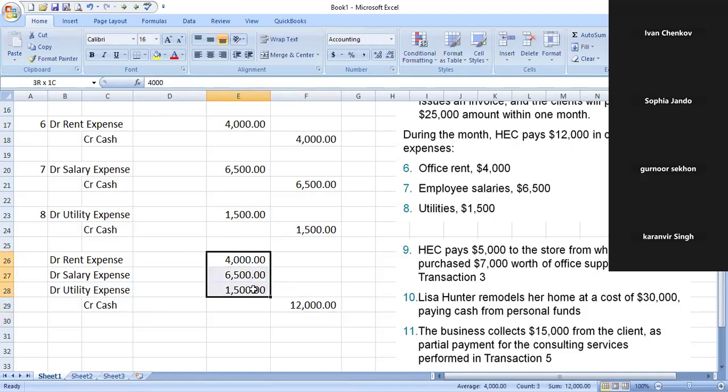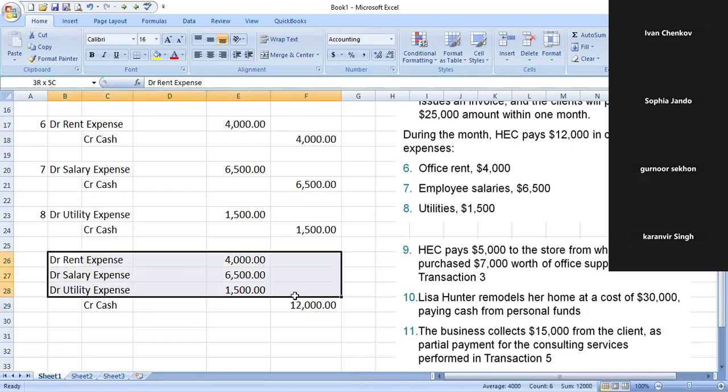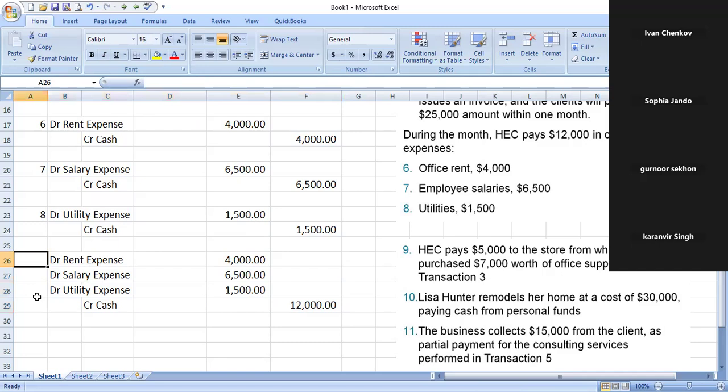And in that case, my debit is equal to my credit. So this one is the alternative of the journal entry 6, 7, and 8. Again, because the credit goes to the same account, I can combine those 6, 7, and 8 in one entry. And that will be combined entry for those transactions.